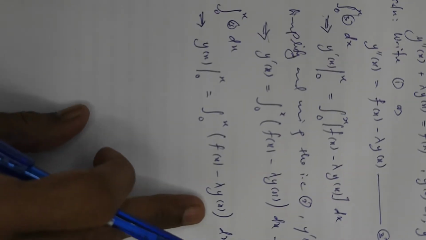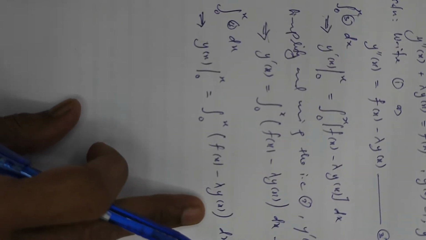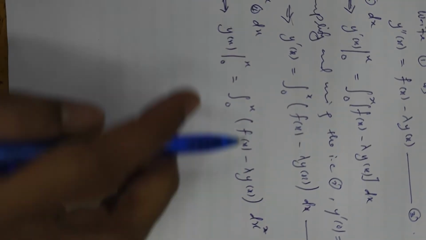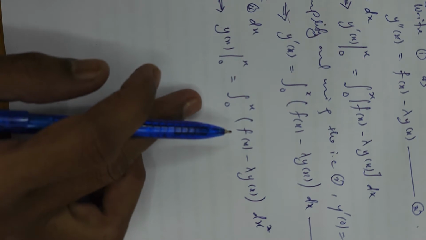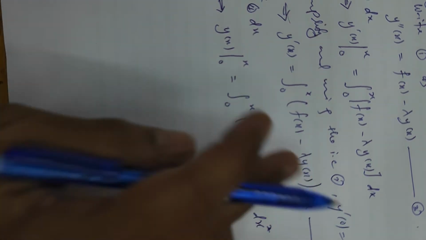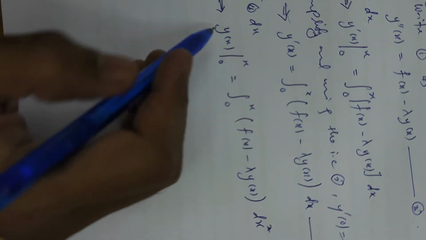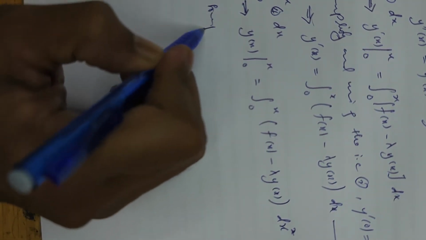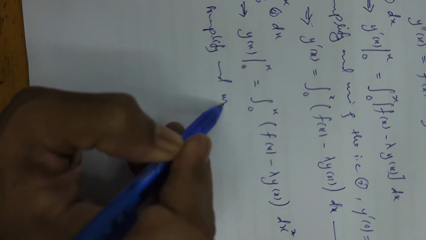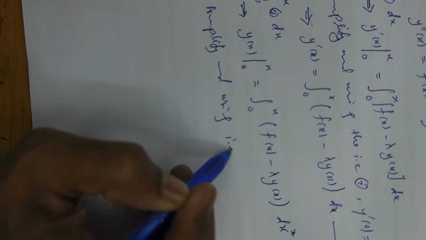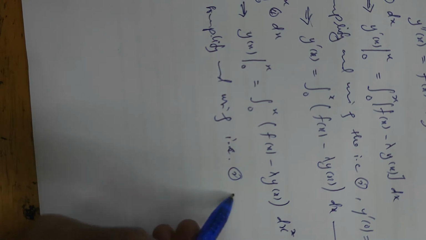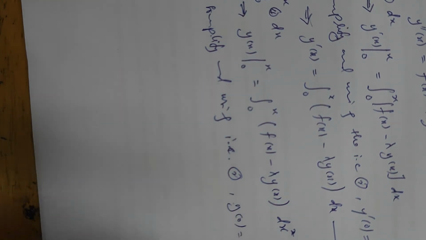I've explained in the previous video what we mean by that. Then you can simplify this and use the initial condition 2, in this case y naught is equal to 1.